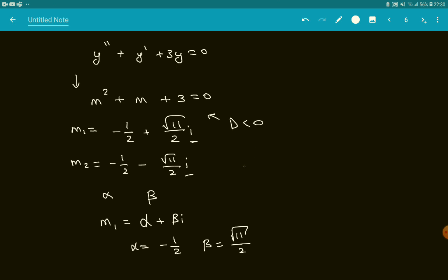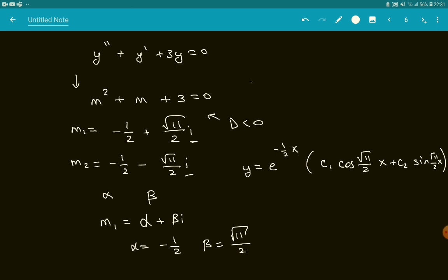So by looking at this, we can write y is equal to e^(alpha x), where alpha is negative 1 over 2, times c1 cosine beta x plus c2 sine beta x, where beta is square root 11 over 2.